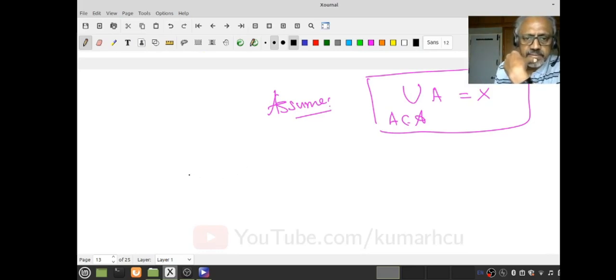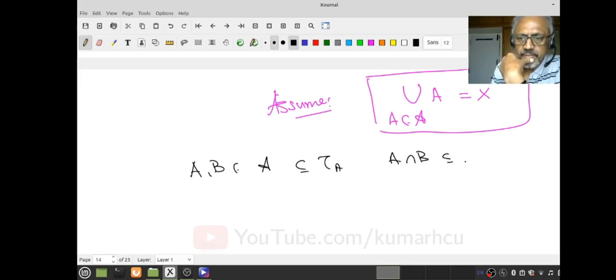Next, let's take A and B in script A. Then script A is contained in tau A. That means A intersection B must belong to tau A. Do you understand that?